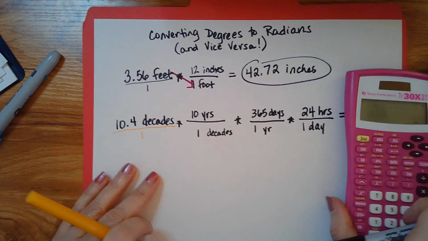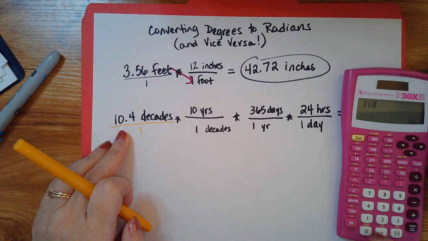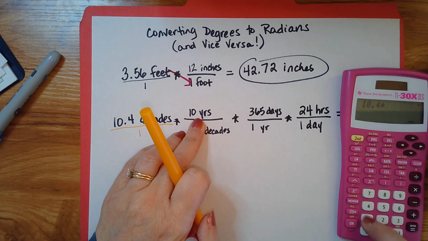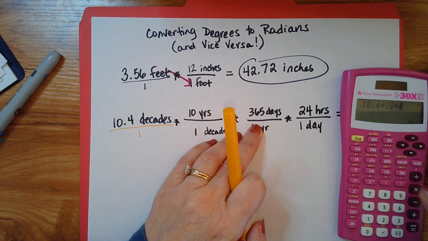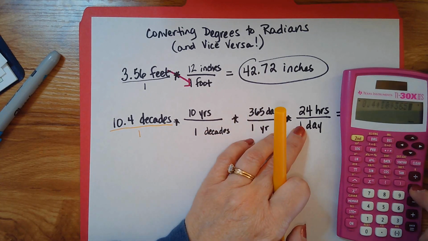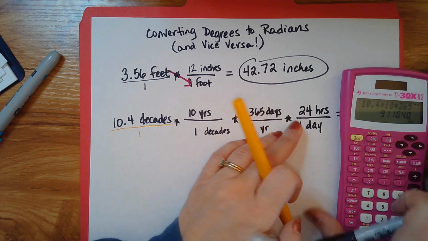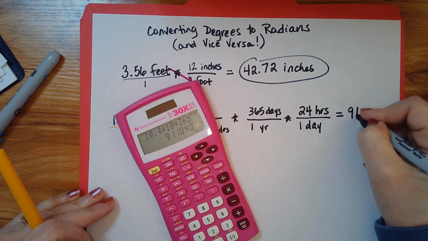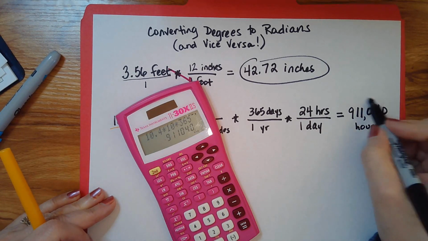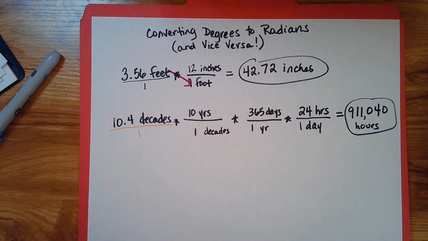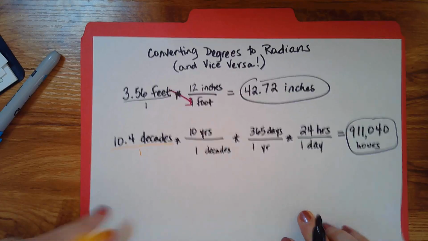And if I whip out my handy dandy calculator, I can calculate 10.4 times 10 times 365 times 24 equals 911040. That is how many hours are in 10.4 decades. So that's the gist of what we're going to do. But we're going to start applying it now to degrees and radians.